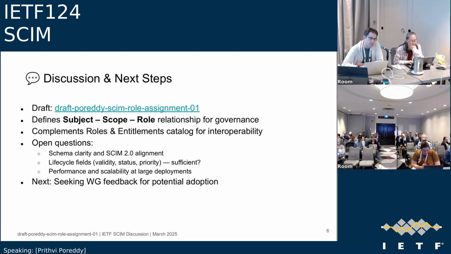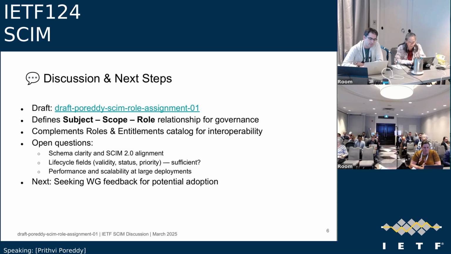So that brings us to the next steps. The role assignment draft defines the missing piece in SCIM, a standard way to represent who has what roles and where that role applies. I'm especially interested in feedback on three areas. Does the subject, scope, role structure fit cleanly with SCIM's existing model?